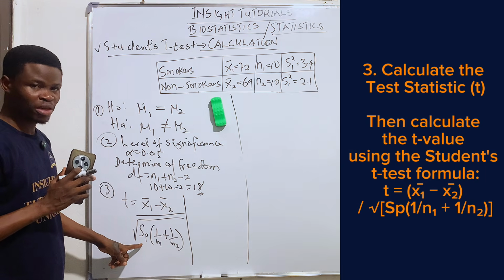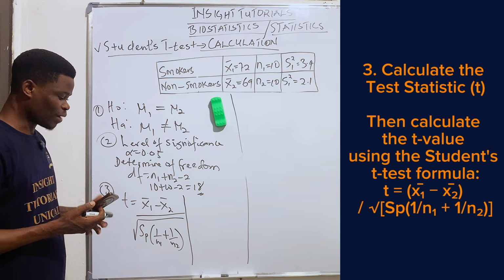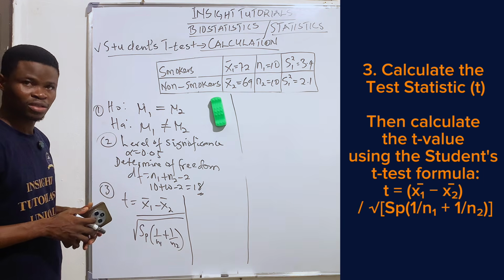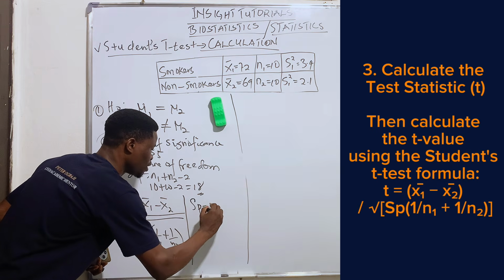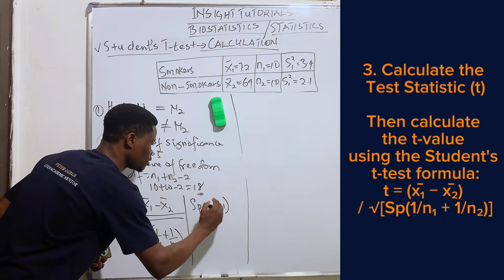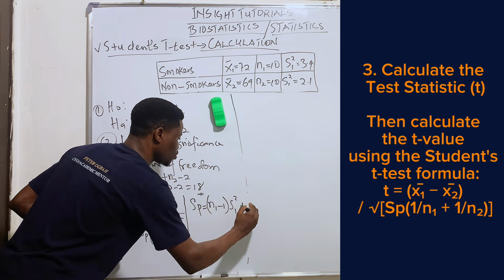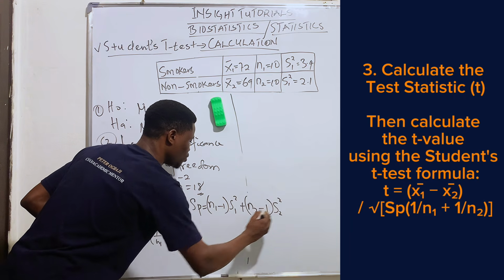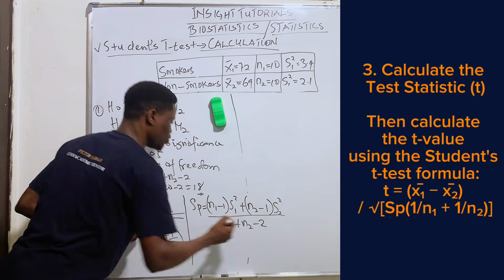Now, this Sp means the pooled variance. This pooled variance has a formula of its own. So you have to look for the pooled variance first before you're able to compute the t statistic. So the pooled variance Sp is given as (n1 minus 1) S1 squared plus (n2 minus 1) S2 squared, all over n1 plus n2 minus 2.